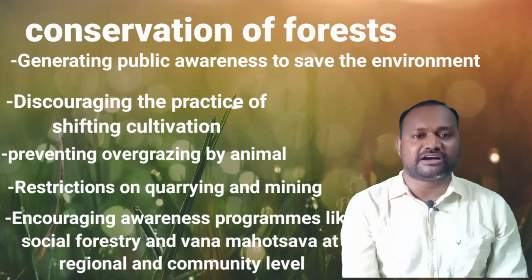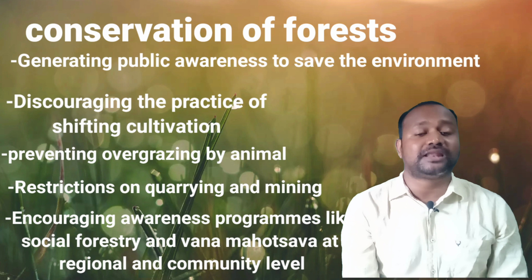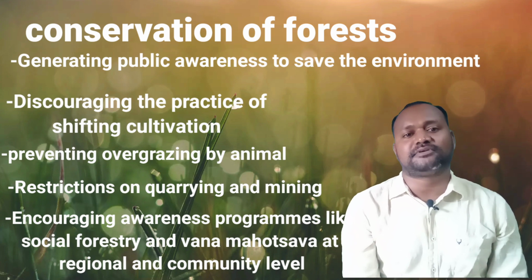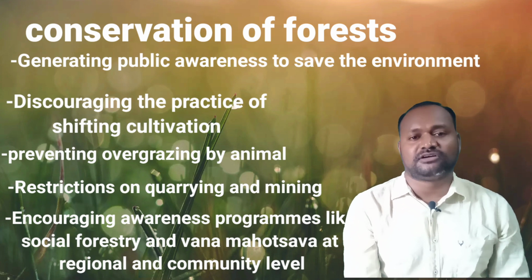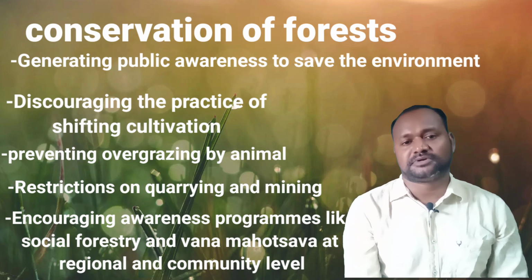The most important thing is afforestation, and afforestation must be done in such a way that we plant a variety of trees. We should not plant a particular type of tree in all areas because it may affect the biodiversity or the ecological condition of that particular area.